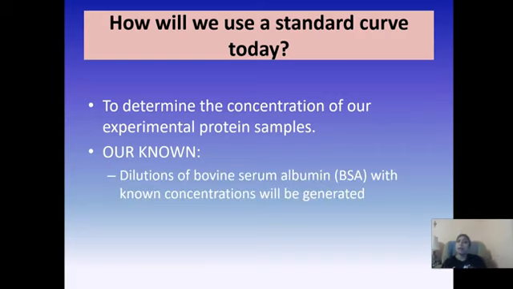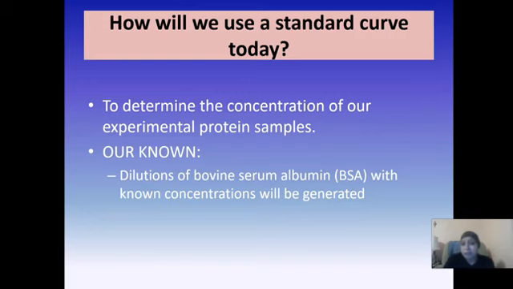But in our case, if we are going to be looking at protein samples, our standards will be prepared using a purified protein. In our case, we are going to use bovine serum albumin with known concentrations. So we are going to take our stock bovine serum albumin that I provide you. You will prepare a set of dilutions and use that to create your standard curve.